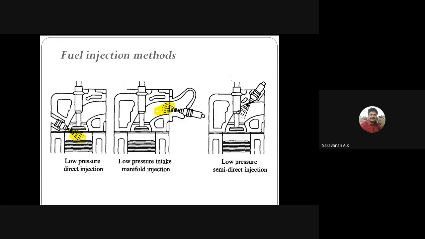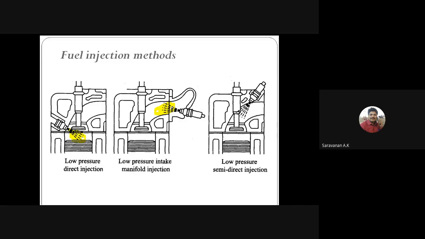Then the second one is the multi-point injection system. We use n number of injectors, one for each of the n cylinders.